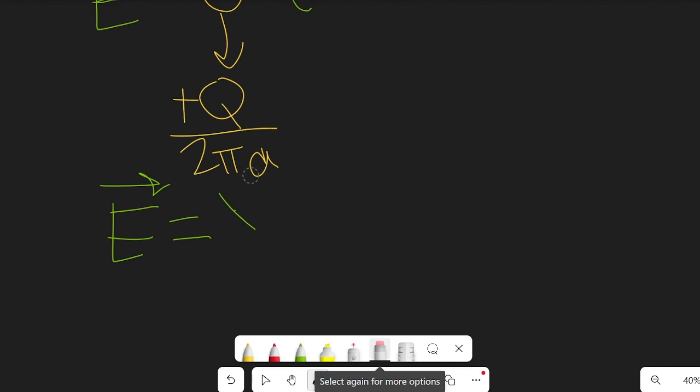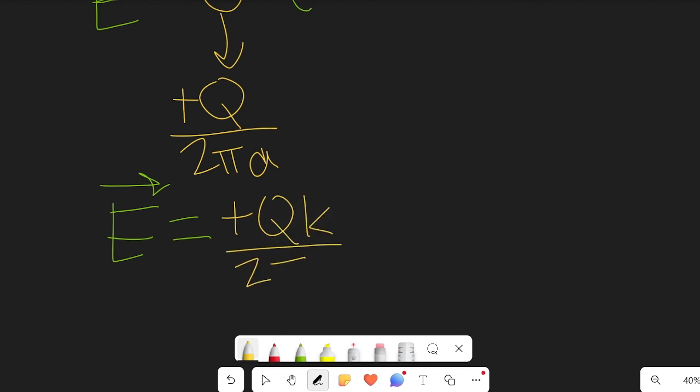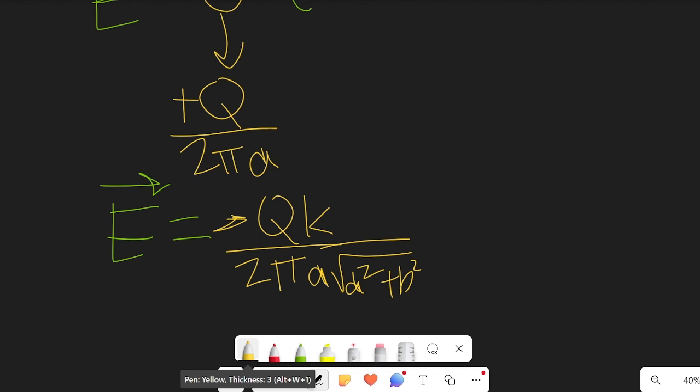So this will be equal to positive q times k divided by 2 pi a. Well, actually, this will be negative now, because remember we have negative 1 over r, right? Negative over the square root of a squared plus b squared. So this is our field from a ring.